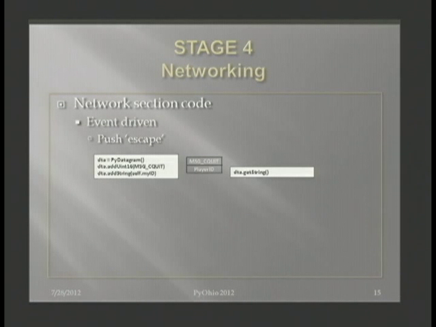I should add, the instancing of a datagram is that top line on the left. DTA equals PyDatagram basically instances a datagram with that command. So DTA now has all the methods that the PyDatagram has included as a class.